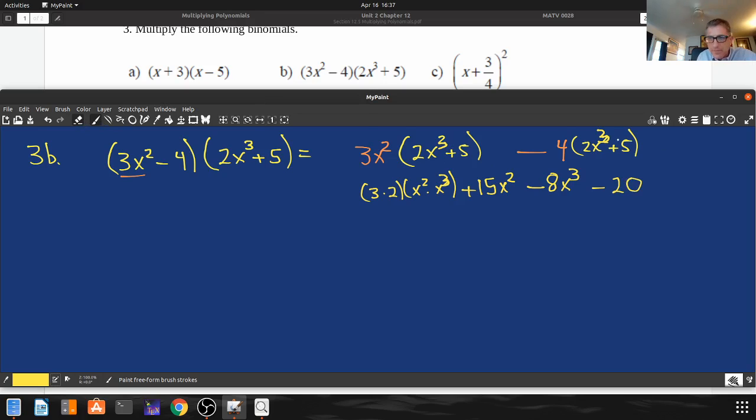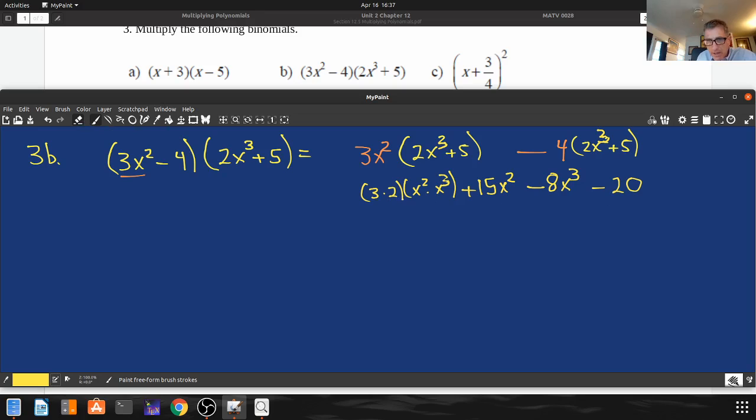Sorry about that. So 3 times 2 times x squared times x cubed. And 3x squared, that's fine. Minus 4 times 2 is minus 8 times x cubed. And minus 4 times 5 is minus 20. So we're good to go.